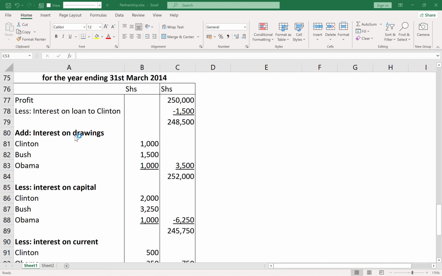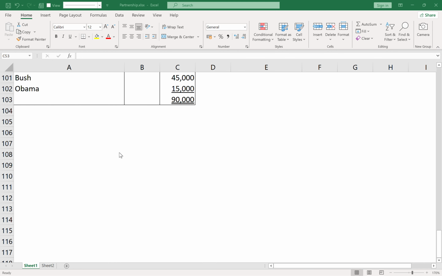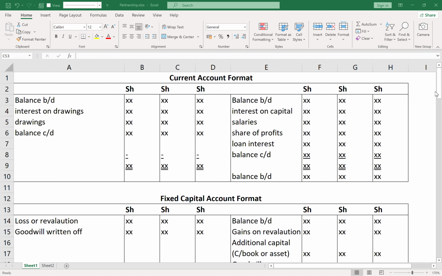Here we are told, on note 4, that there is 10% interest on average level of drawings during the year. Drawings made evenly throughout the year. You have 20,000 Clinton, 30,000 Bush, 20,000 Obama, as you can see from note 4.